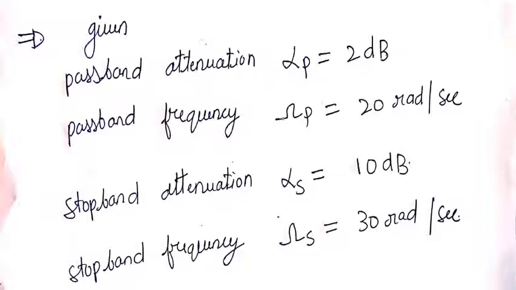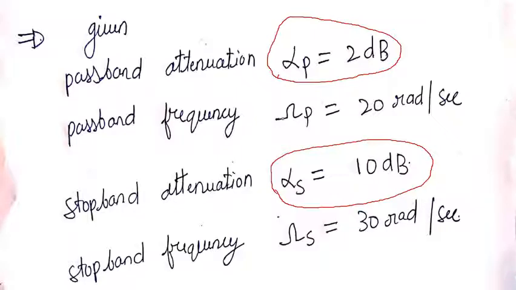One thing to be kept in mind is in the question they had mentioned the passband attenuation as -2 dB, but while solving the numericals we do not take it as -2 dB, we take the passband attenuation as +2 dB. Similarly, the stop band attenuation denoted by alpha s was mentioned in the question as -10 dB, but while solving the numericals, we do not take it as -10 dB, we take it as +10 dB.